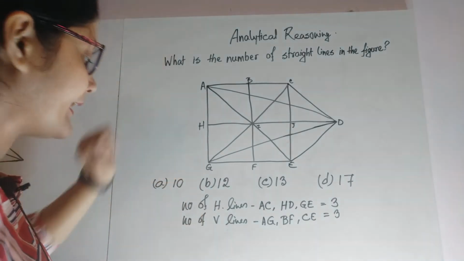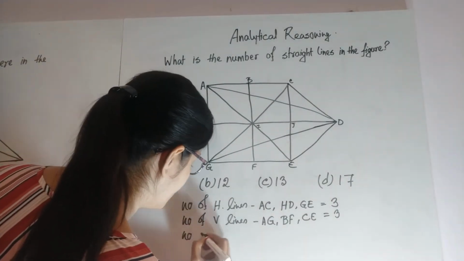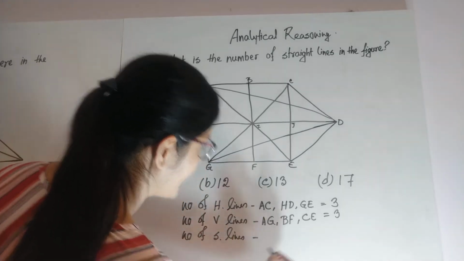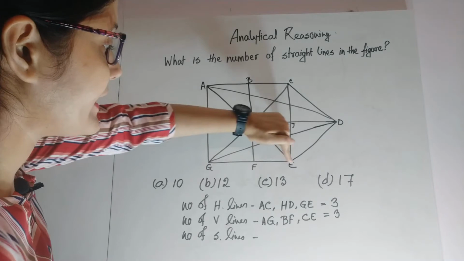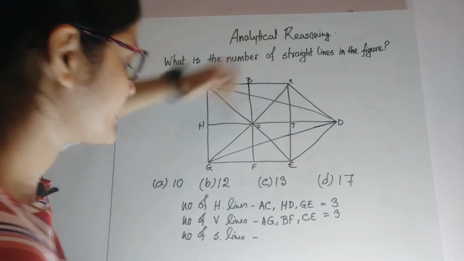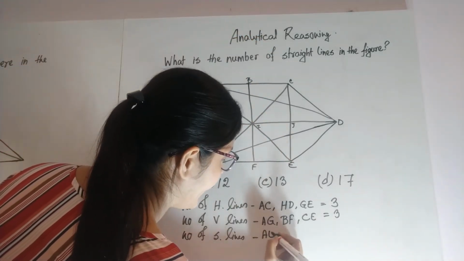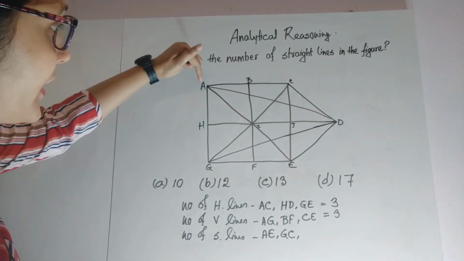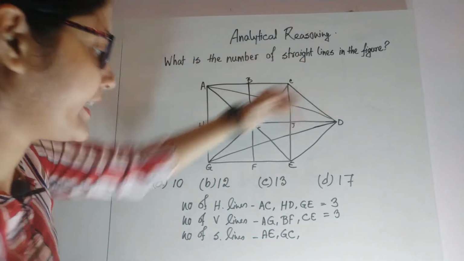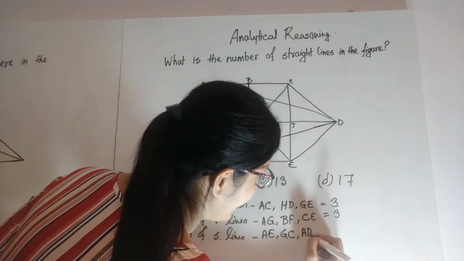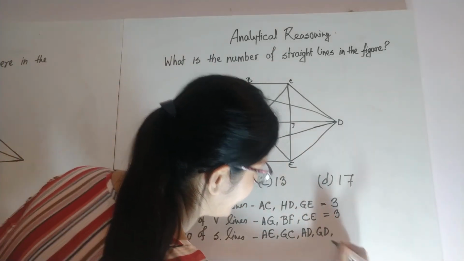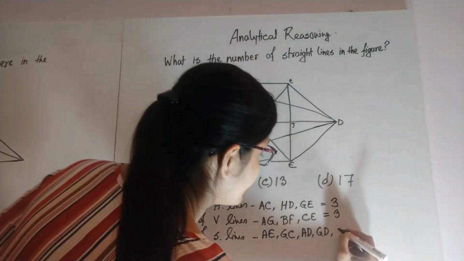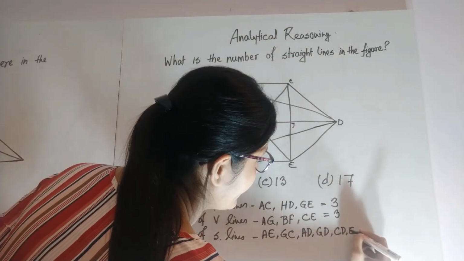Number of slanting lines in the figure. How many? AE and GC. Therefore, AD, GD and CD, ED.